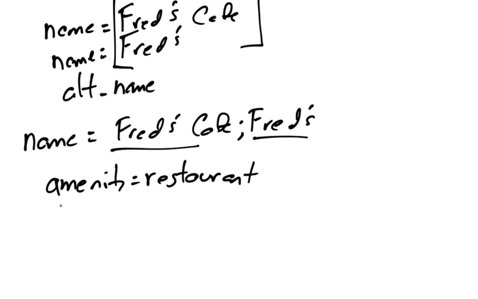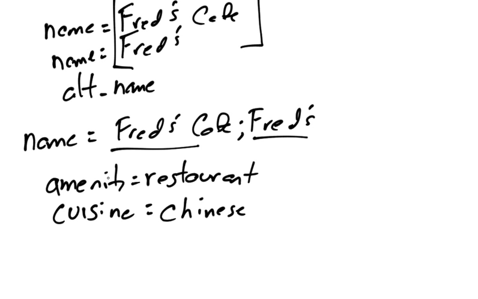So amenity equals restaurant, cuisine equals Chinese. Cuisine equals Chinese is not valid on every type of object, right? You couldn't put this on just a regular building. You couldn't put this on a road. But obviously it makes sense here when we're talking about a restaurant.